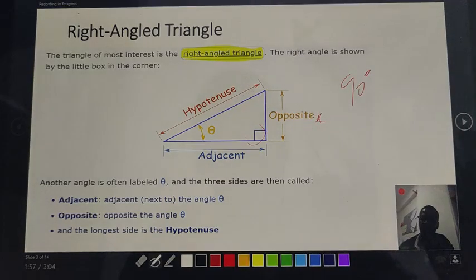So basically, those are the parts of a right-angled triangle, and we need to understand all these parts.